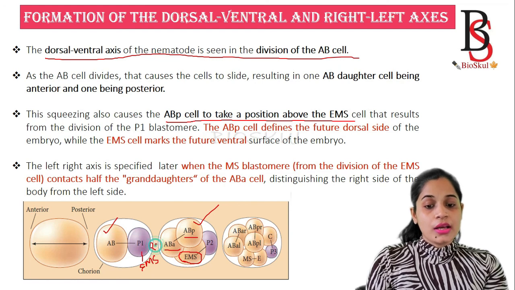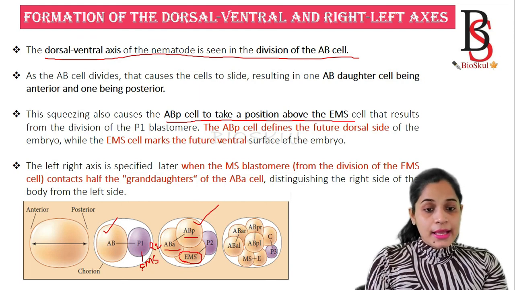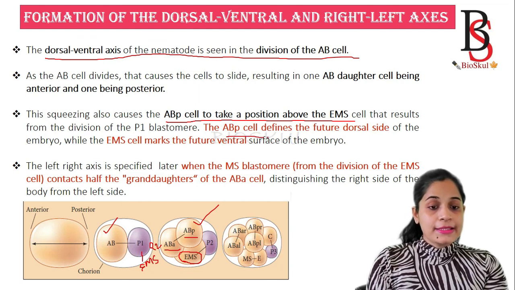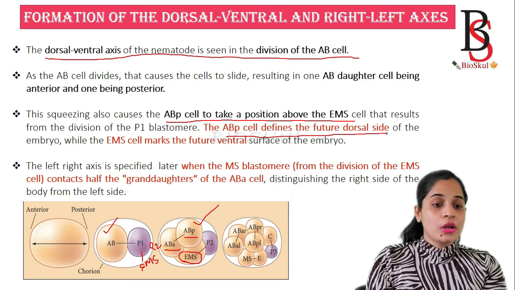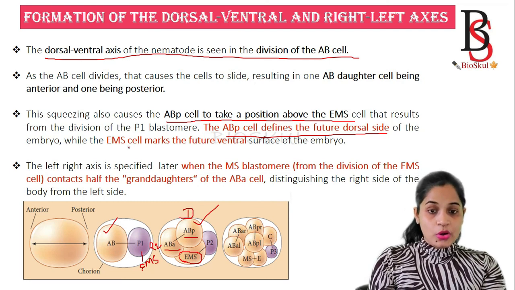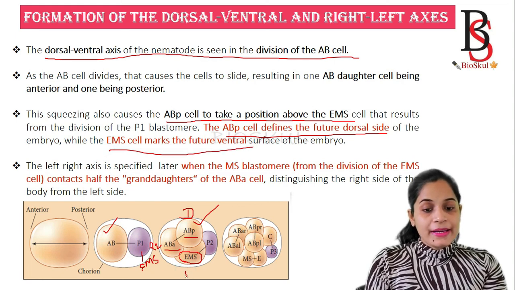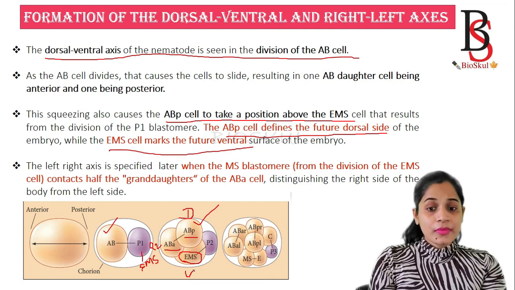So the ABP cell occupies a position just above the EMS cell, and here the ABP cell defines the future dorsal side of the embryo, while the EMS cell marks the future ventral side of the embryo.